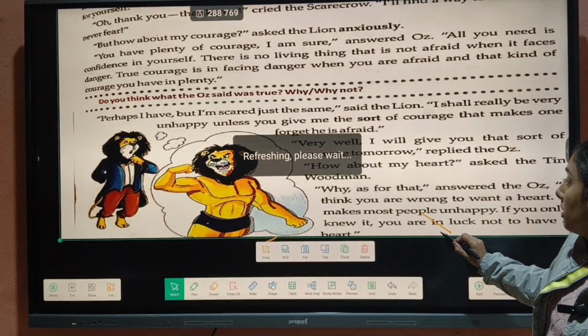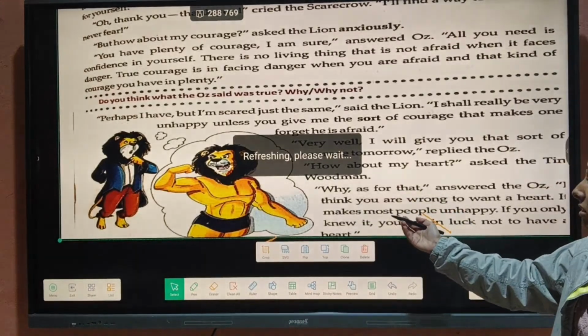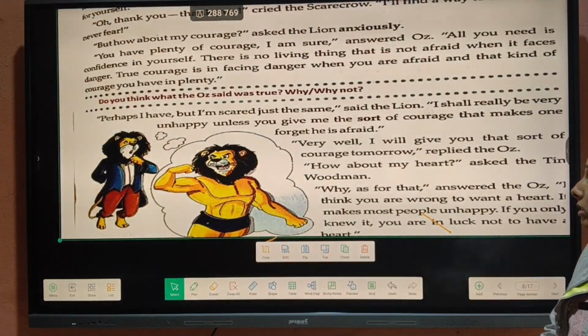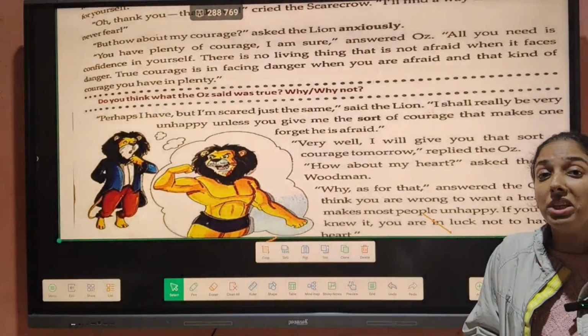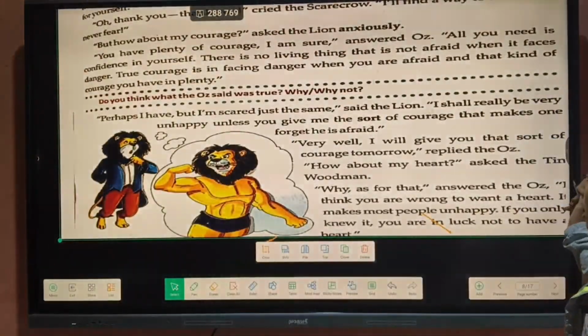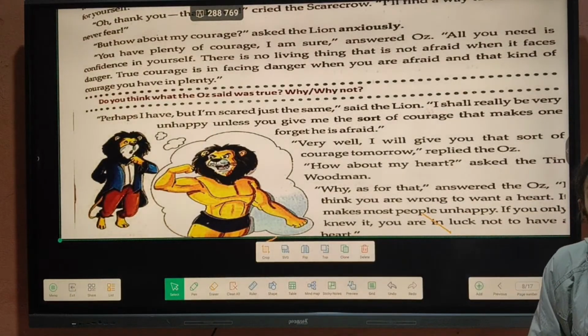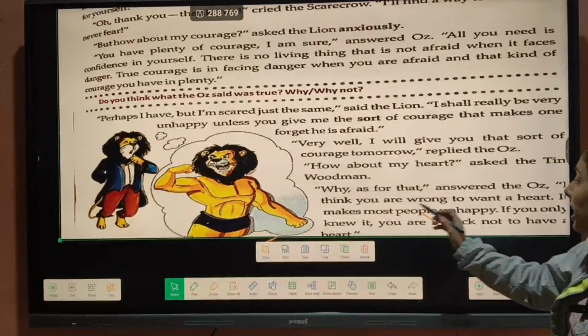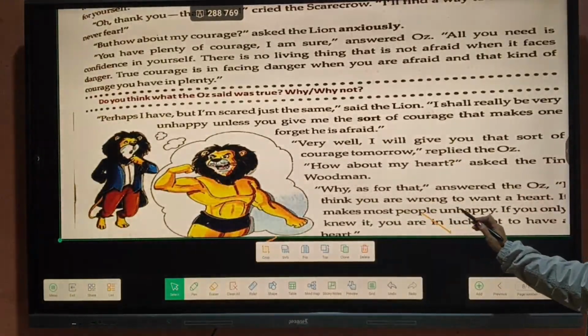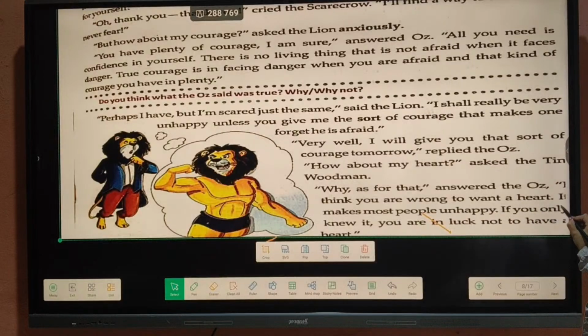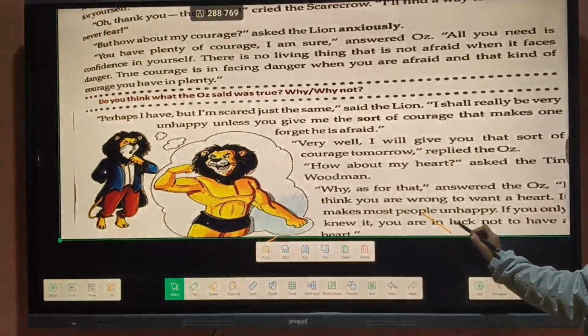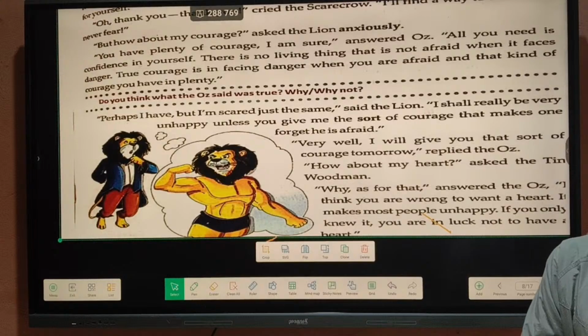Now Oz is saying, "Why, as for that," answered Oz, why do you need even a heart? "I think you are wrong to want a heart. It makes most people unhappy. If you only knew it, you are in luck not to have a heart."